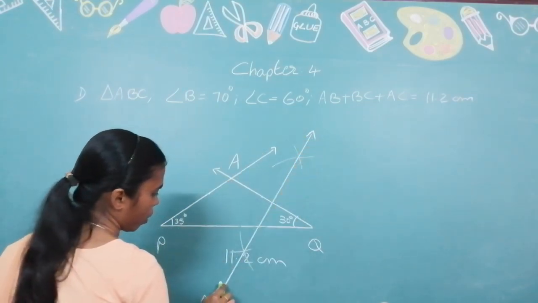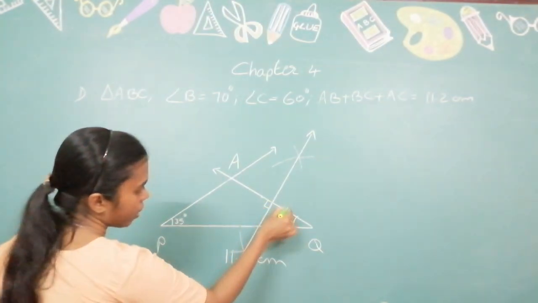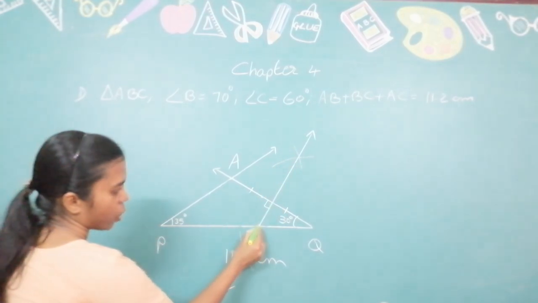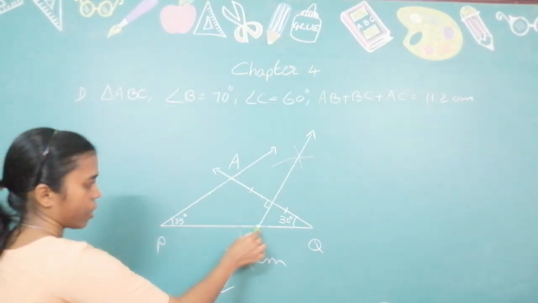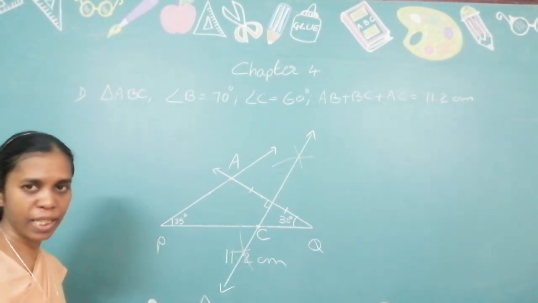This is the perpendicular bisector for AQ. This is 90 degree. This side is equal to this side. Wherever that perpendicular bisector is touching the base, since it is near Q, this point will be C.